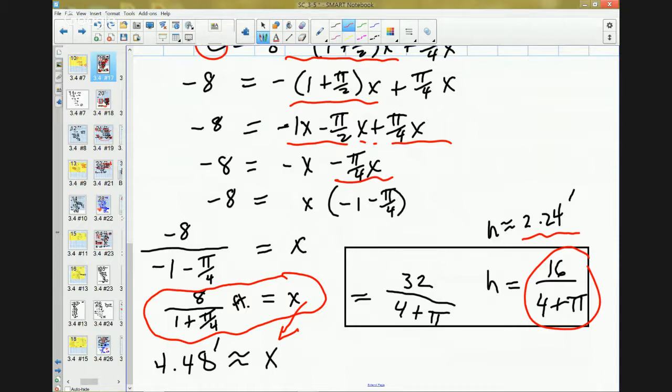So, a lot of horsing around getting that one set up. That's what made that one harder. I don't know if we have any more follow-ups to that, but that was number 17.